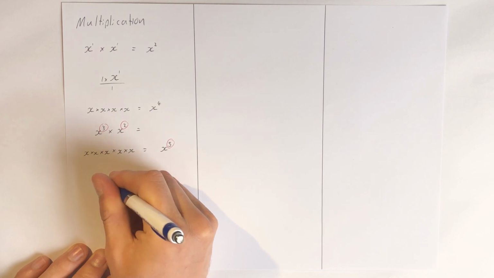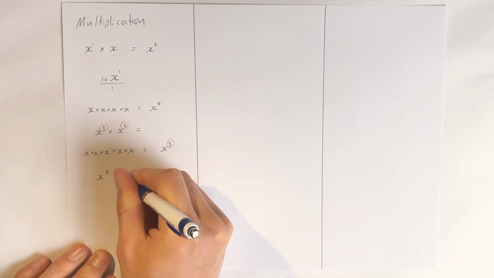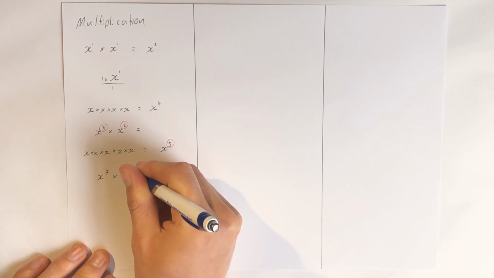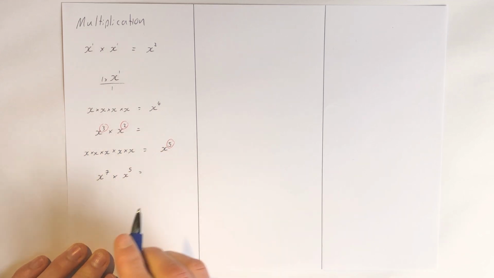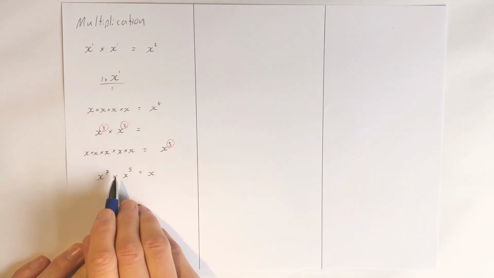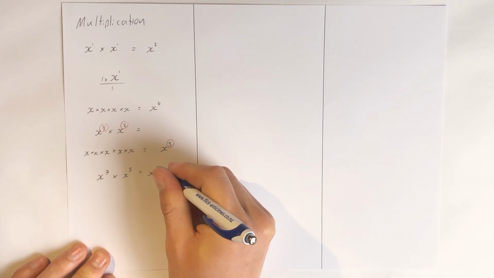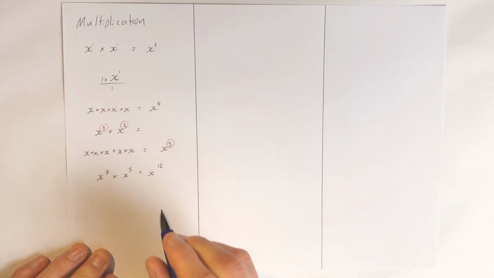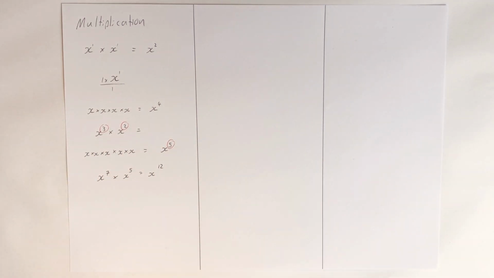So if I had x to the 7 times x to the 5, well, that would be x to the power of 12. And there we have it. You can just add powers. It's really that easy.